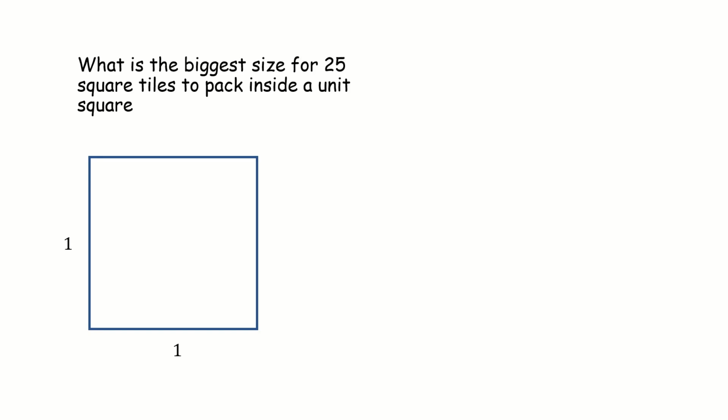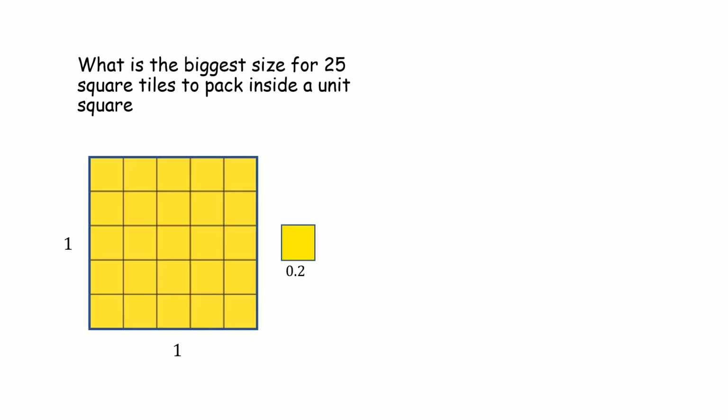There are two ways to approach this problem. One way is to say you have a unit square and you are looking to find the biggest size for, let's say, 25 square tiles to pack inside that unit square. And your answer is 0.2 for the size of the tile.